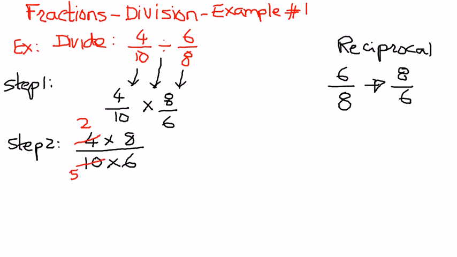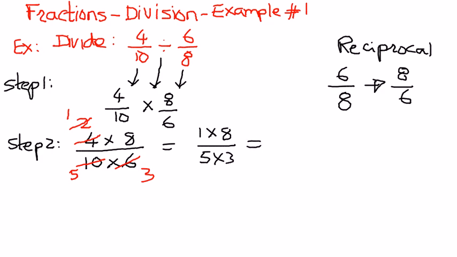So we look at the numerator value 2 and the number in the denominator, which is 6. So 6 is a multiple of 2. So 2 times 1 is 2, 2 times 3 is 6. So there is nothing more to simplify in here. So therefore we're going to put all these numbers together. We have 1 times 8 in the numerator, and then 5 times 3 in the denominator.